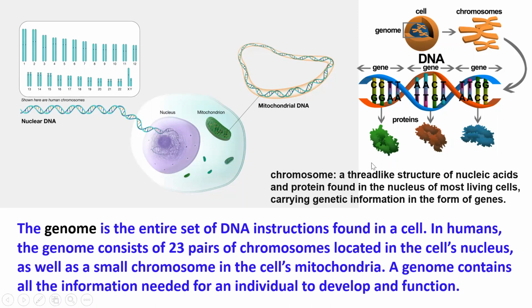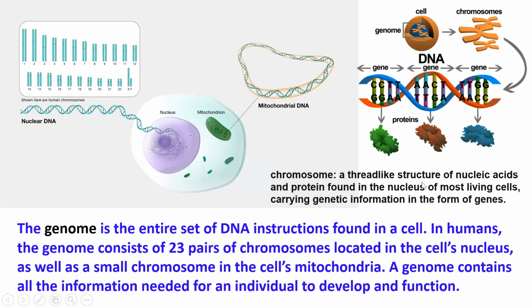What is a chromosome? A chromosome is a thread-like structure of nucleic acids and proteins found in the nucleus of most living cells. And it carries genetic information in the form of genes.